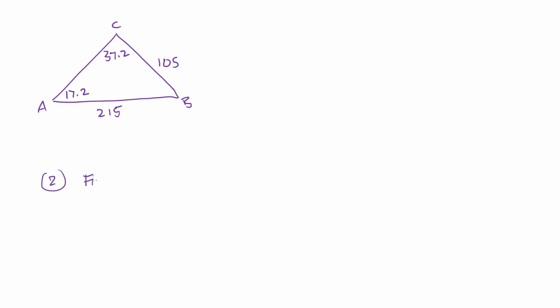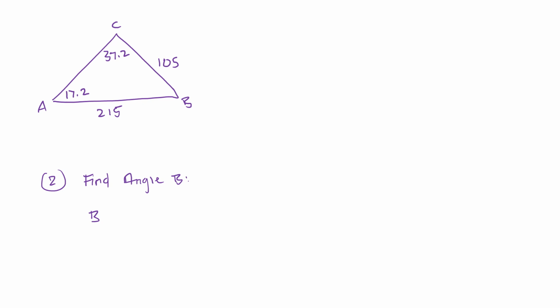All right. So our triangle here, A, B, C, 37.2, 105. Had to check that real quick. And 215. And we just found angle A, which was 17.2. Okay. So step number 2, let's find angle B, because when we know two angles, we can find the third angle.